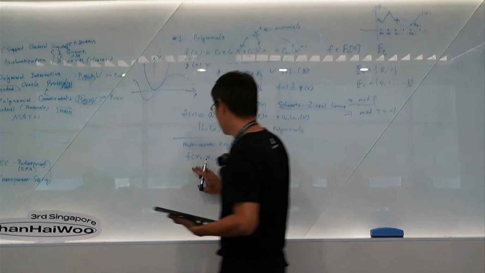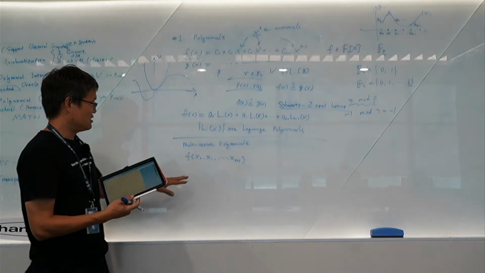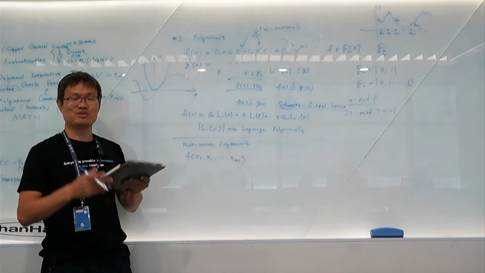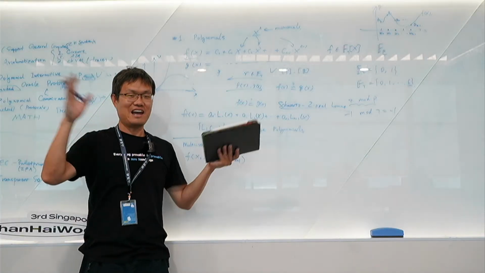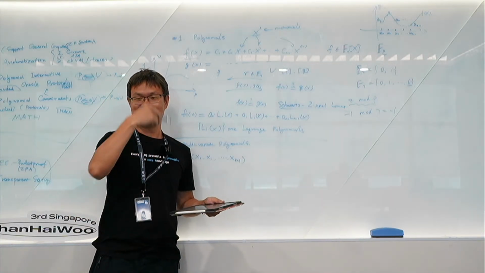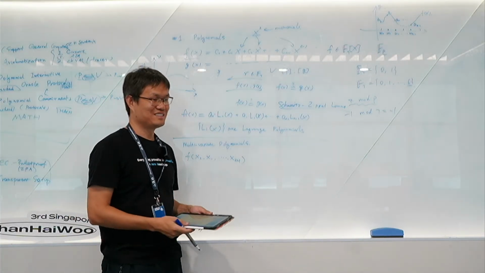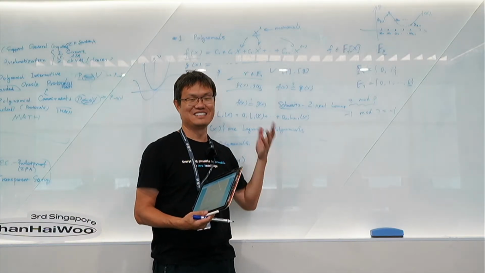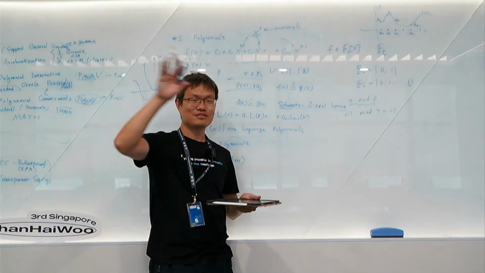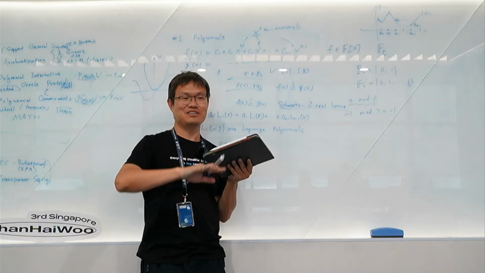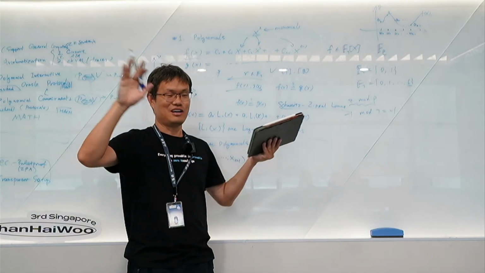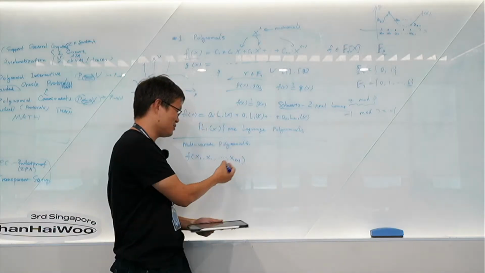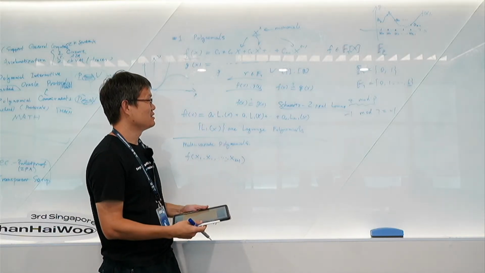But here, if we use multivariate polynomials, we have to imagine a high dimension space. It's much harder to imagine, right? It's a curve or a surface or a very complicated object in a high dimension space, for example 4 dimensions, or k dimensions.